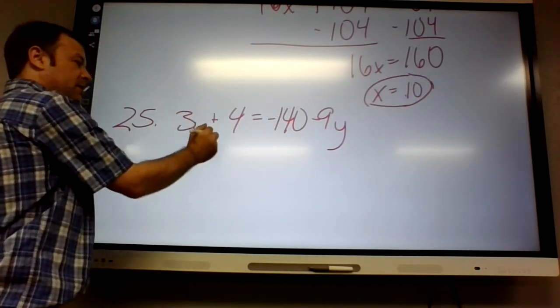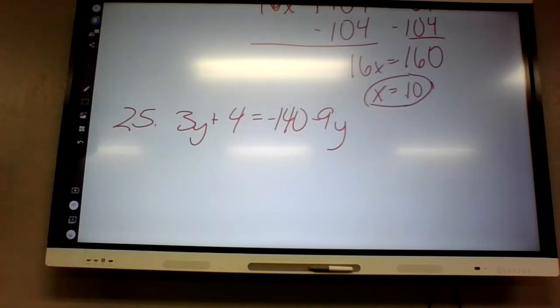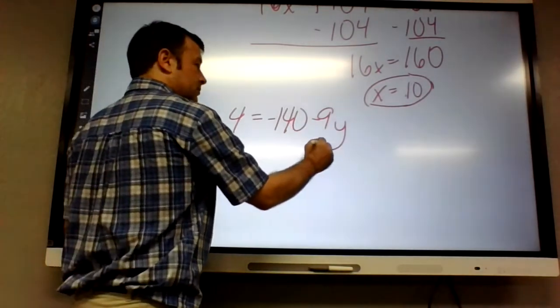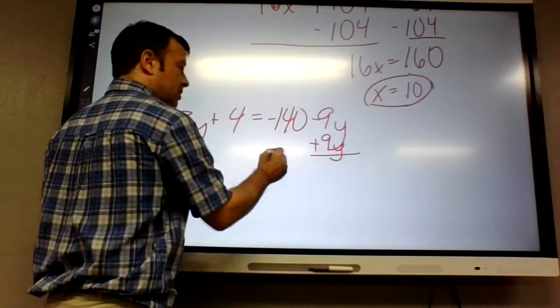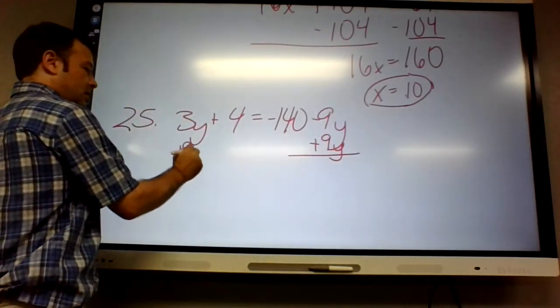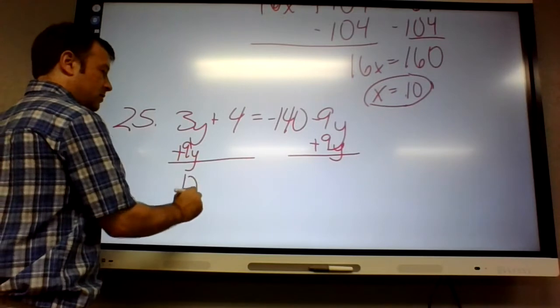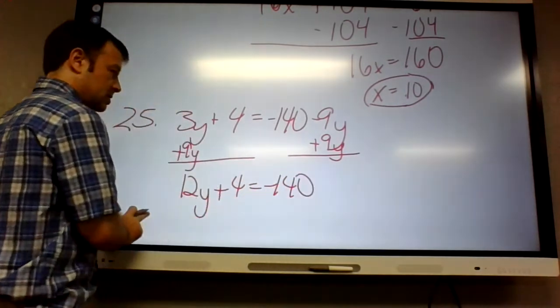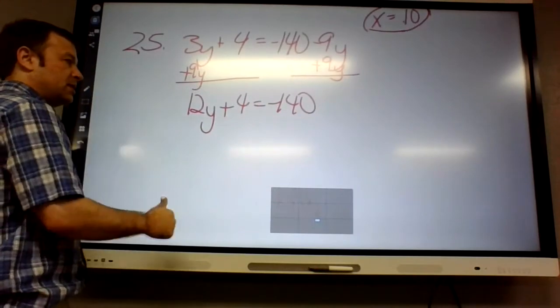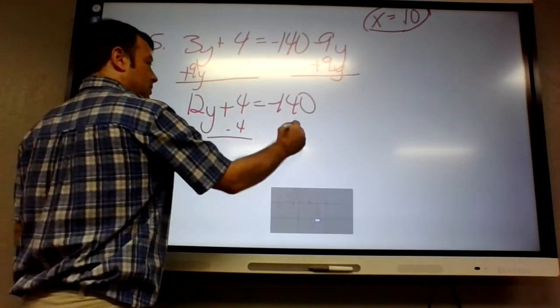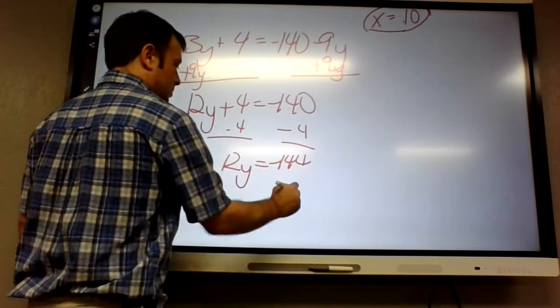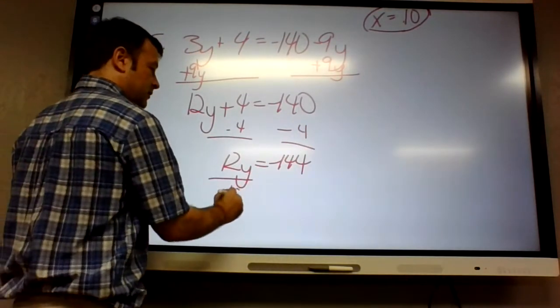Doesn't really matter that that's a plus or minus. You still subtract. Or how could I get rid of minus 9Y? Plus 9Y. 12Y plus 4. Now it's back to basics. Once you get that taken care of, how many times does 12 go into 144?